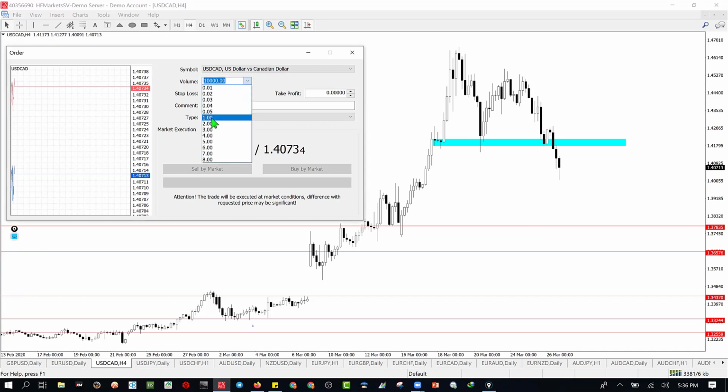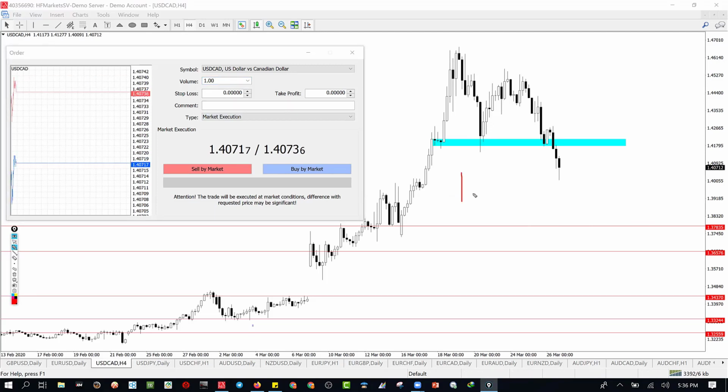If I click one lot right here, you can see the figure is 1.00. So if you are operating a standard account, it means you want to take a trade of approximately 1,000, maybe 1,000 euro, $1,000, or 1,000 British pound sterling.